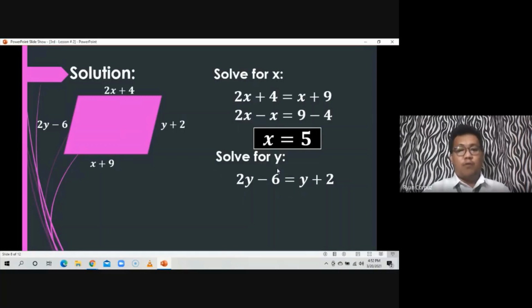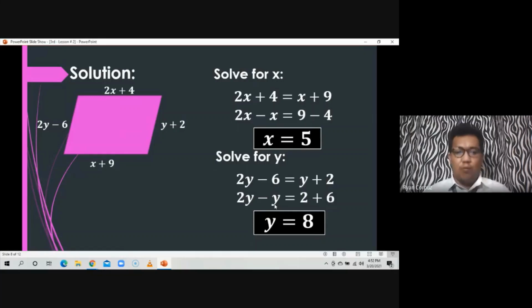Then move yung y to the left side, 6 naman to the right side. Applying the property. Then we come up with 2y minus y by moving y to the left, magiging minus y. By moving negative 6 to the right, magiging plus 6. So we'll come up with 2y minus y is equal to y, then 2 plus 6 is equal to 8. So therefore, y is equal to 8.